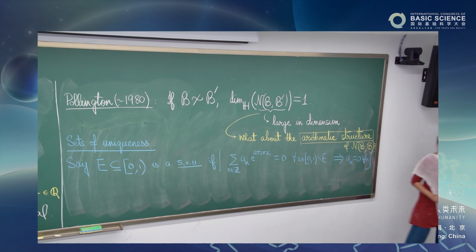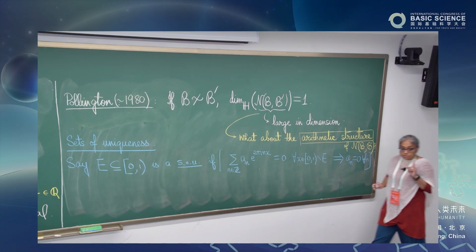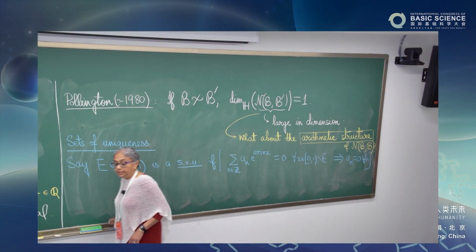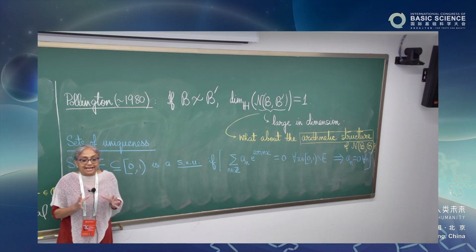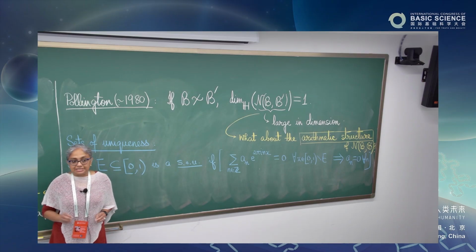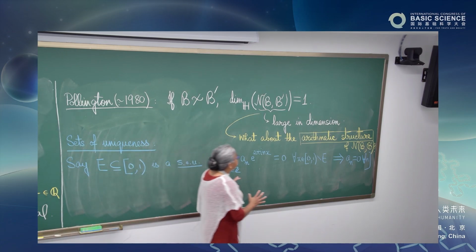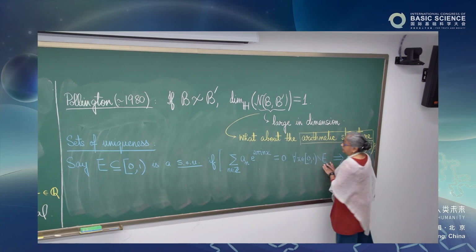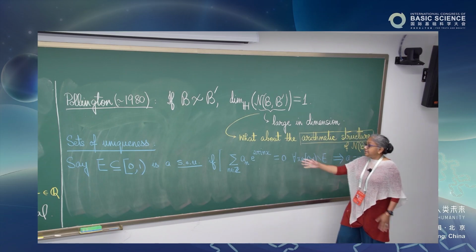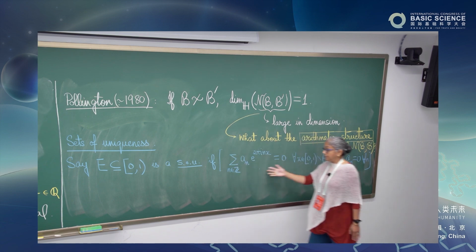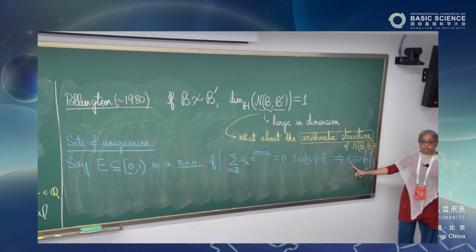I know this is kind of a weird looking definition, so maybe it's a good idea to stop for a moment and see what it's really trying to say. Suppose that E is a really small set, like just a single point. Then the complement of E has essentially everything, and therefore the vanishing of this complex series forces a_n to be 0.